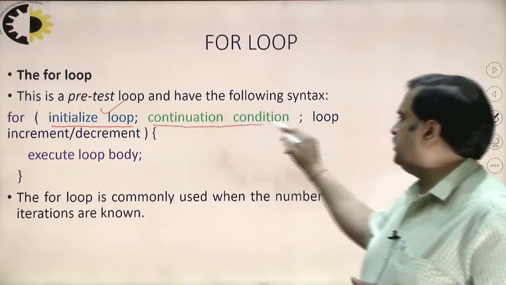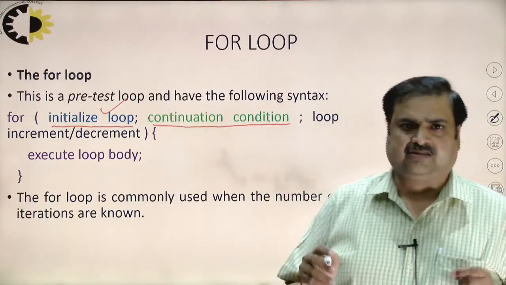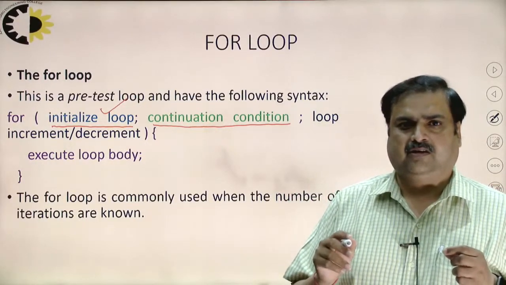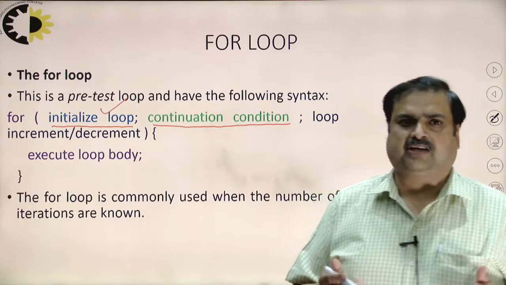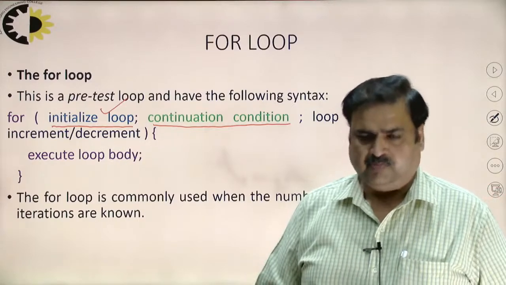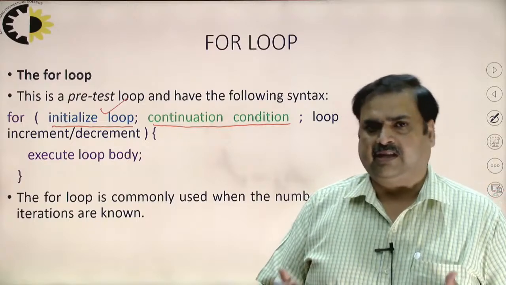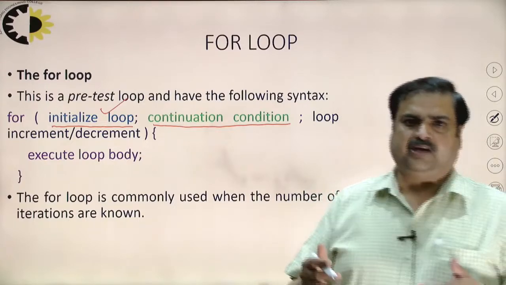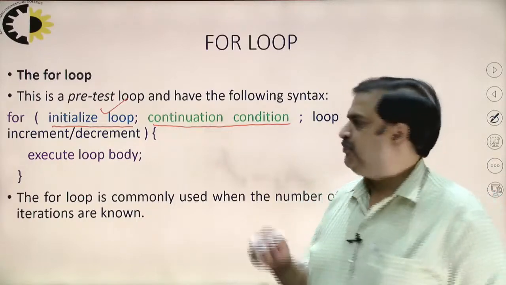Then the continuation condition. The second part is the important part, which checks whether the entry to the loop is valid or not. If the condition is true, then control will be allowed to enter the loop. If the condition is false, then control will not be allowed to enter the loop and comes out of the loop.